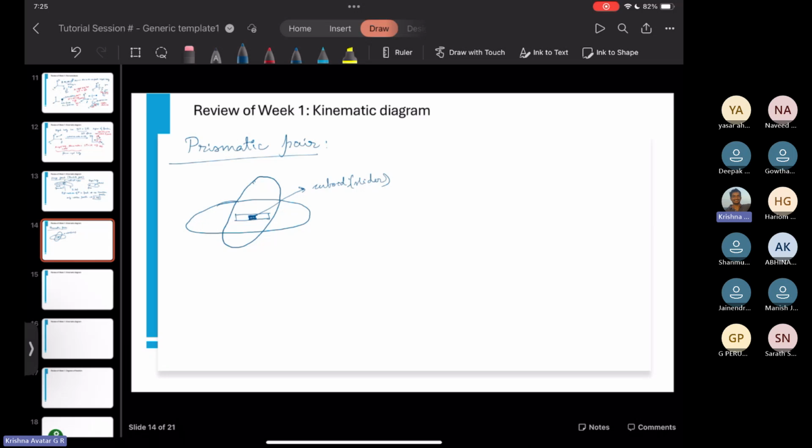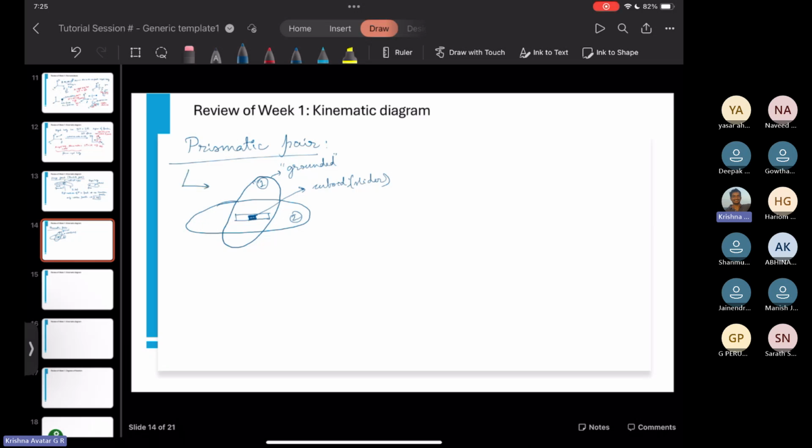Because of this slider, and since they're all rectangular faces, this is body 1 and this is body 2, and body 1 is grounded, which means fixed. And I'm just taking some arbitrary shapes.